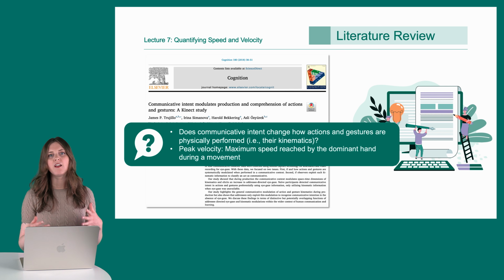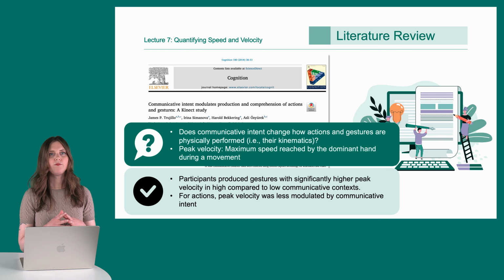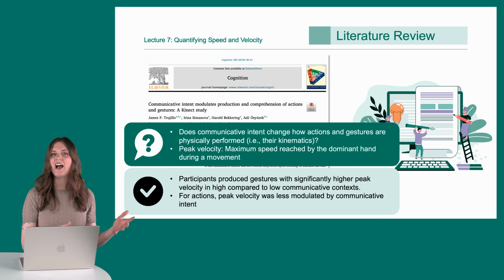They looked at a variety of kinematic measures, but one measure was peak velocity, which they defined as the maximum speed reached by the dominant hand during a movement. They found that participants produced gestures with significantly higher peak velocity in high compared to low communicative contexts, but this was less the case for actions, where peak velocity did not significantly differ between conditions.